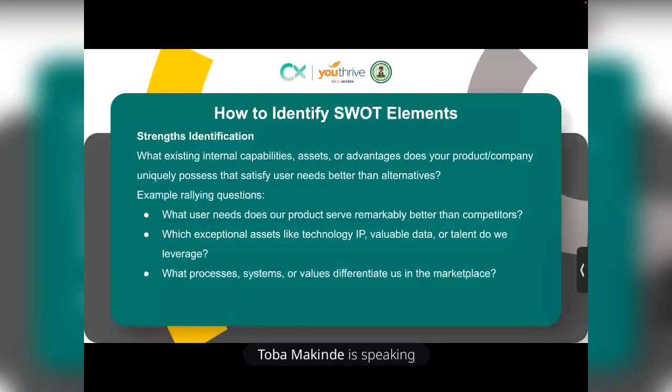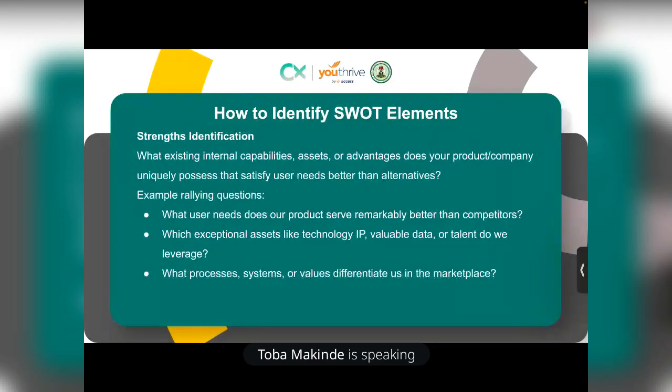All right, strength identification. So how do you now identify this SWOT element? This is something you will need when you're doing the assignment I'm going to give you. What existing internal capabilities, assets, or advantages does your product or company uniquely possess that satisfy user needs better than the alternatives? So questions you want to ask: what user needs does our product serve remarkably better than our competitors?